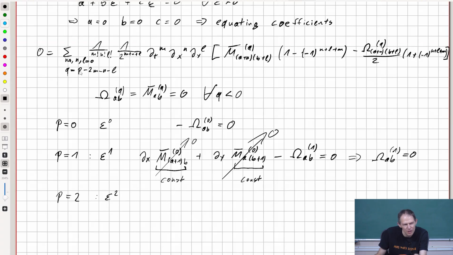But now p is equal to 2 and m can now be equal to 1, so then q is equal to 0, which means in that case we would have dt m ab. So this thing here is equal to 0, but we have just said that this here is constant. So if it's constant and we take the time derivative, it will disappear. And it's gone again, dy ma.